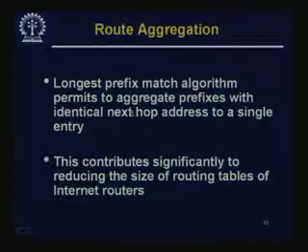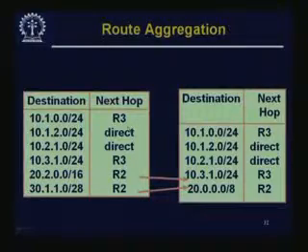The longest prefix match algorithm permits aggregating prefixes with identical next hop address into a single entry. So, this contributes to significantly reducing the size of the routing tables for internet routers. Just look at this. Suppose for 20.2.0.0/16, I would have gone to router R2, and for 30.1.1.0/28, I would have gone to R2 once again. Now, we see that the next hop is the same, and what we can do is that instead of 20 and 30, we make this 20.0.0.0/8 and put it as R2.